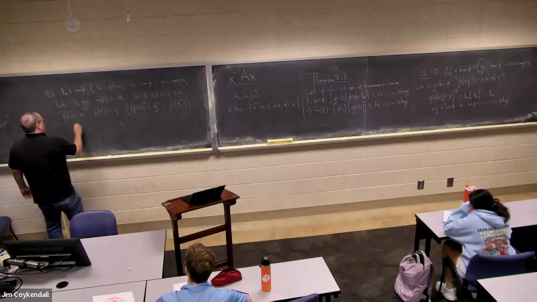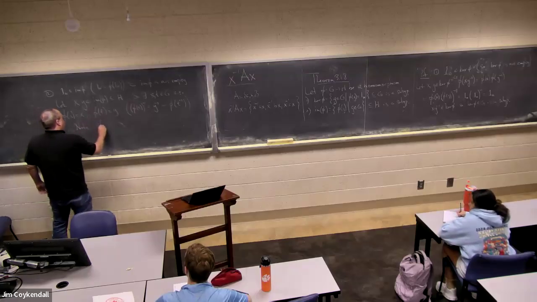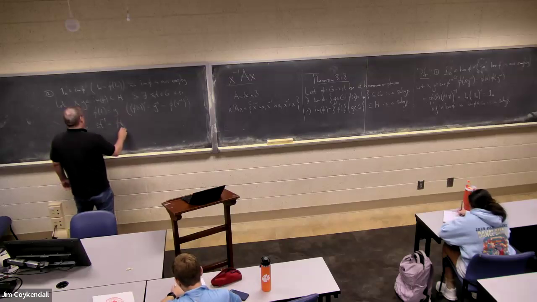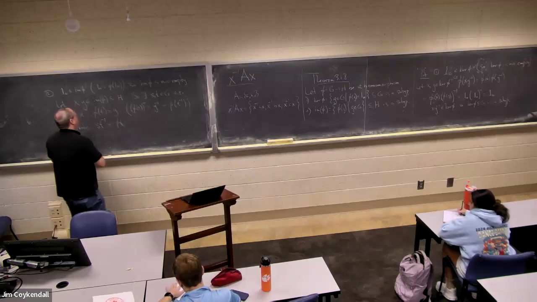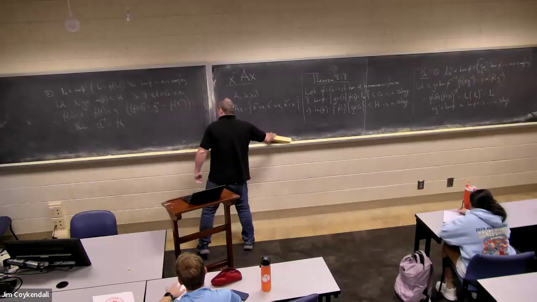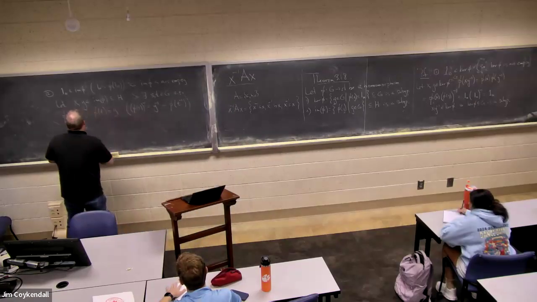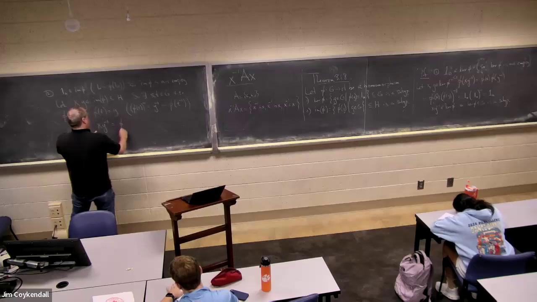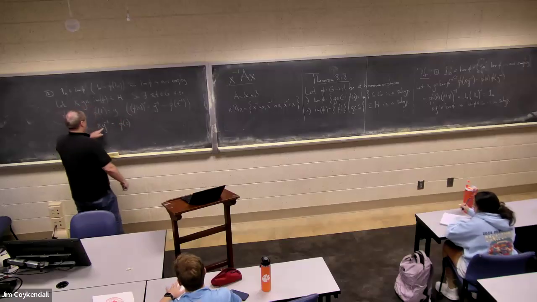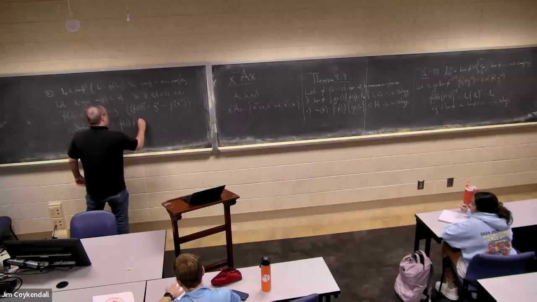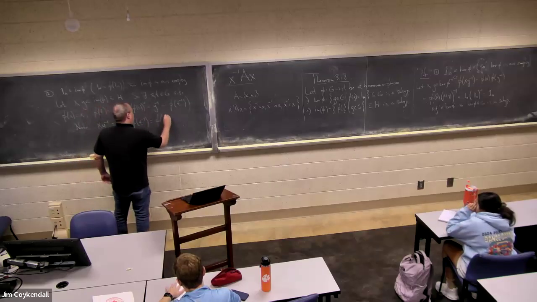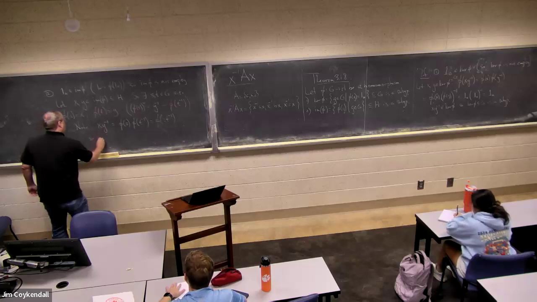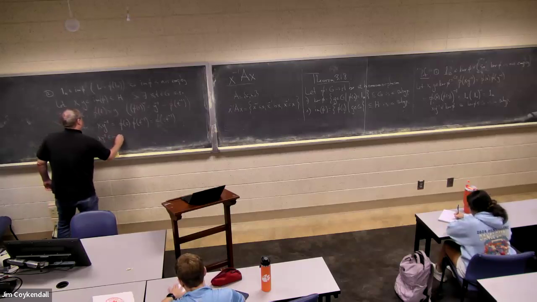Now, note x y inverse is equal to phi of s times phi of t inverse, which is phi of s t inverse. So x y inverse is in the image of phi.